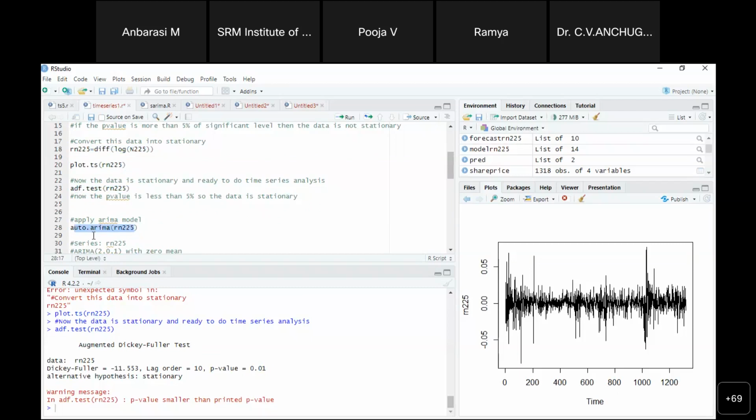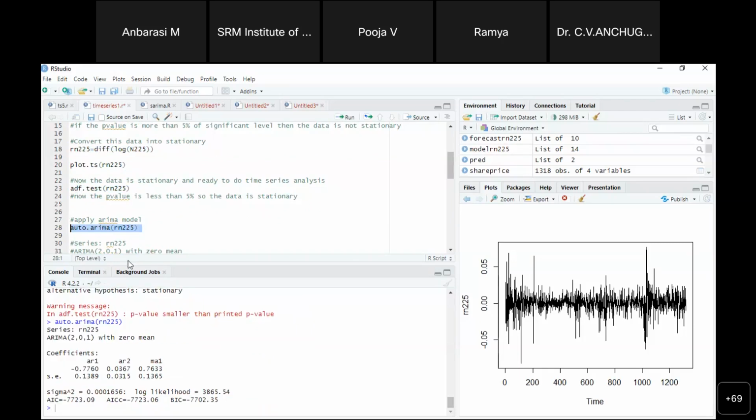Okay, so this function will calculate the p value, d value, q value automatically. When you execute this function, the ARIMA model parameters for p, d and q will be calculated automatically.